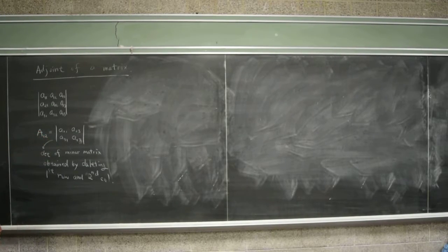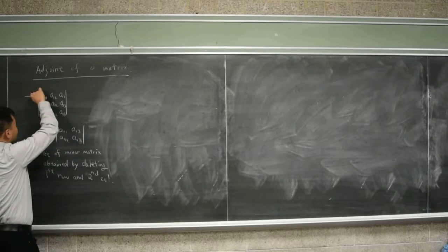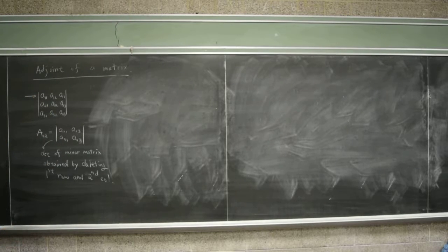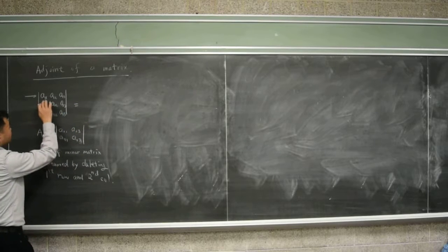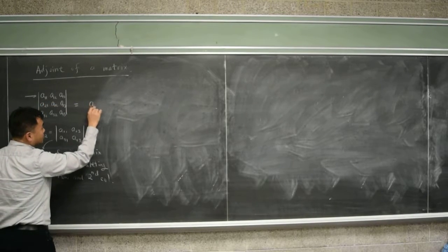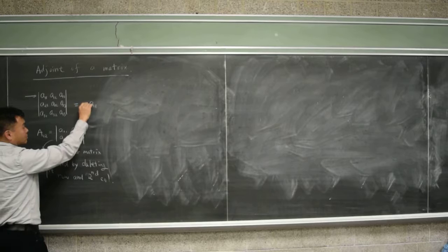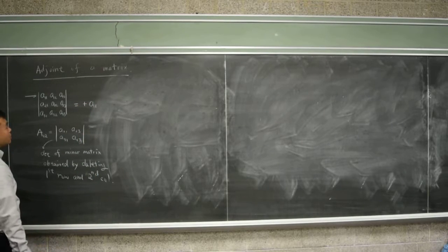All right, with this convention, now I can rewrite the determinant in a different way. If I expand everything with respect to the first row, what would it look like? First, A11, the checkerboard of signs should give you plus.